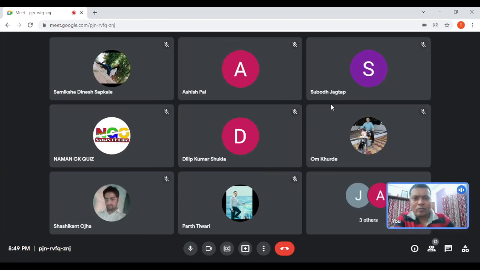Good that Subodh has pointed out one important observation about Naman. Naman uses that word like a takiya kalam. Isn't it, Naman? Yes, sir.